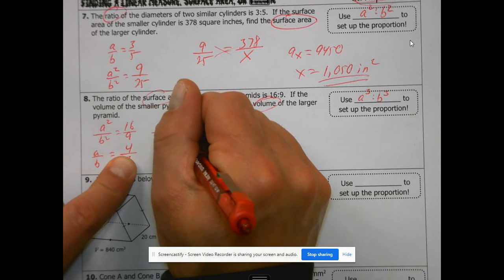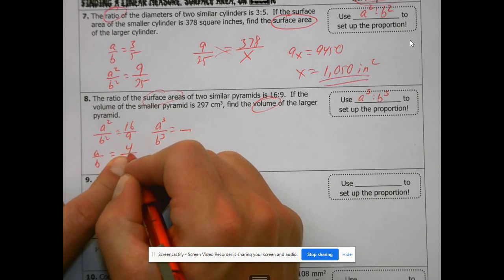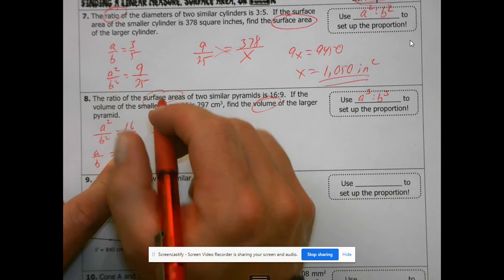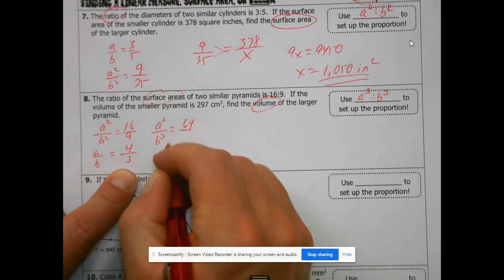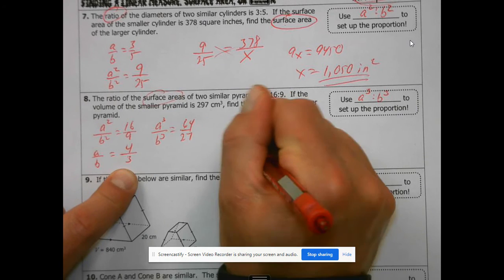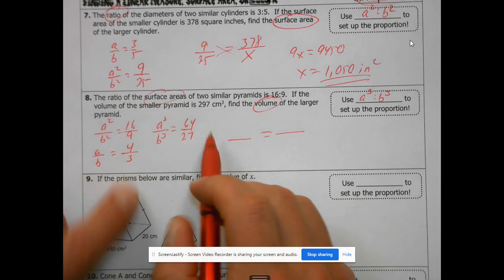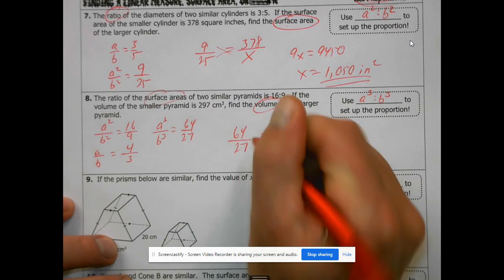Cube the ratio. 4 cubed is 64. 3 cubed is 27. All right, proportion. 64 to 27.